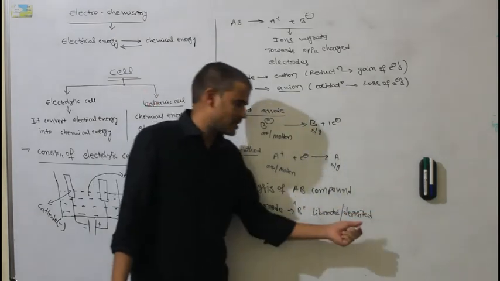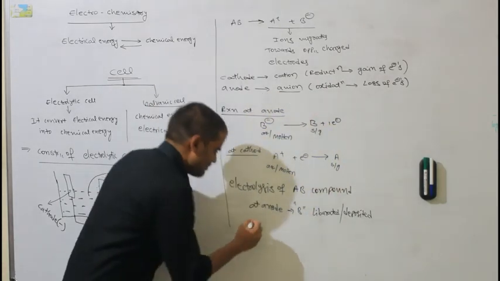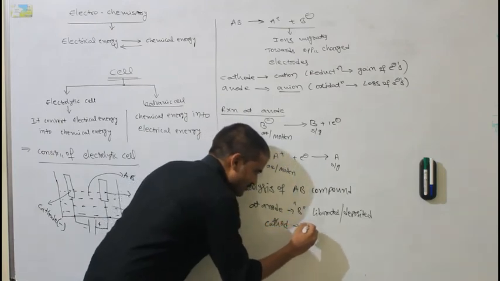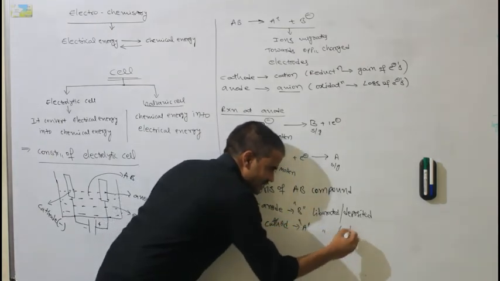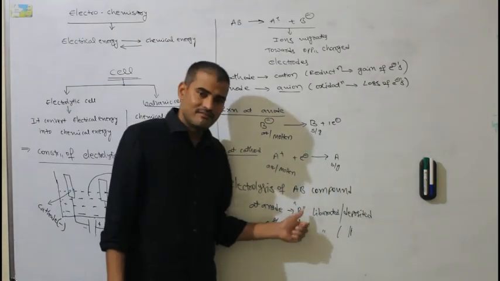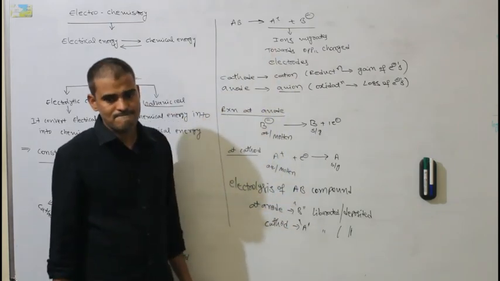If it is a solid, you say deposited. If it is a gas, we say liberated. In the same manner, at the cathode, A is formed, liberated or deposited. This A and B will be called the electrolysis products of this AB compound.